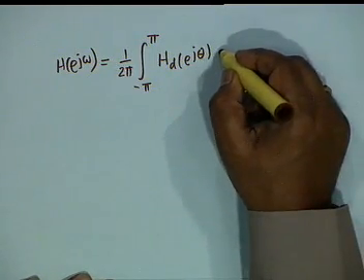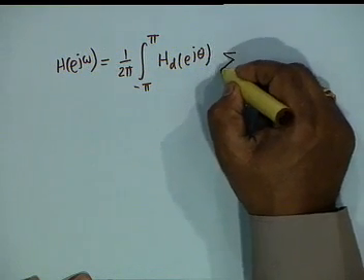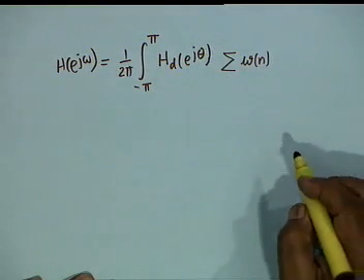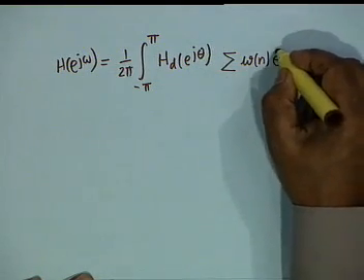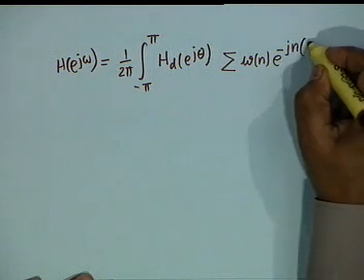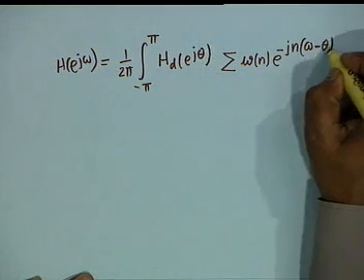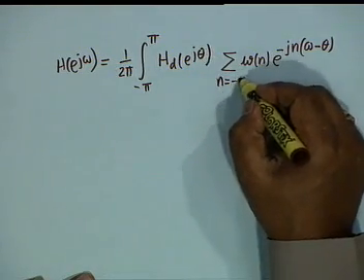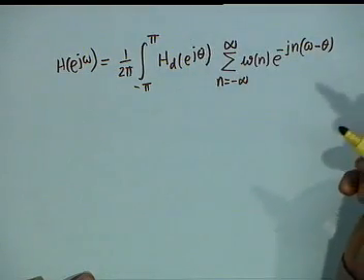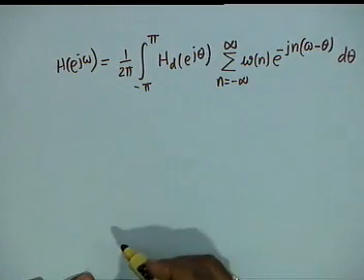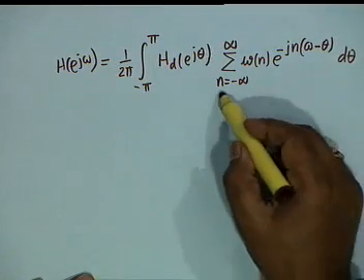Then I bring this summation w[n] e^(-jn(ω minus θ)). Is that okay? n goes from minus infinity to plus infinity. Then we must have dθ. Agreed? Now what is this?